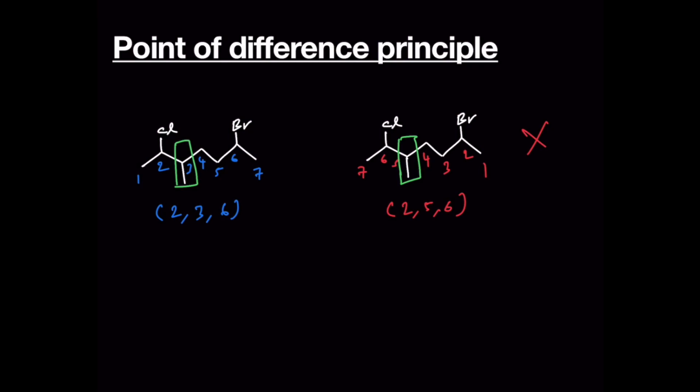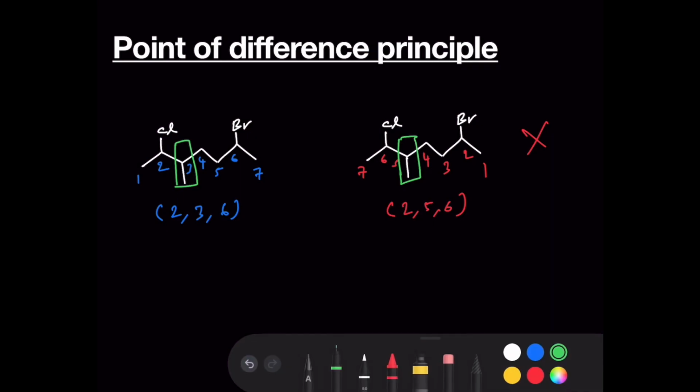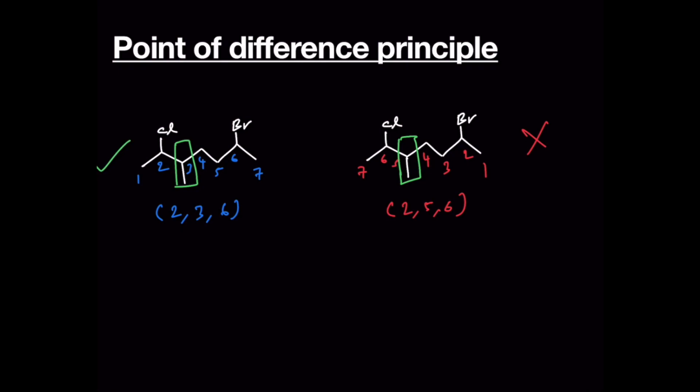Once you decide the parent chain, in this case deciding the parent chain is not at all difficult, but once you decide the parent chain, the next rule is all about finding the substituents, where you have to give the lowest numbers possible. So, if you follow rule number 2, then this is correct. This way of numbering is correct as per the point of difference principle.